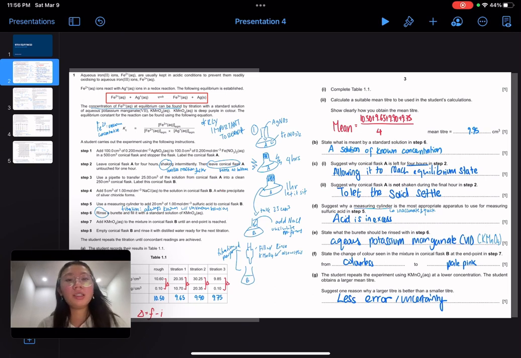You don't expect someone to ask why you left something for 4 hours. It does make sense, it's for equilibrium purposes, but when you're first approaching the question, the thought doesn't cross your head. Overall, it's not too bad, and it's a fairly decent paper.